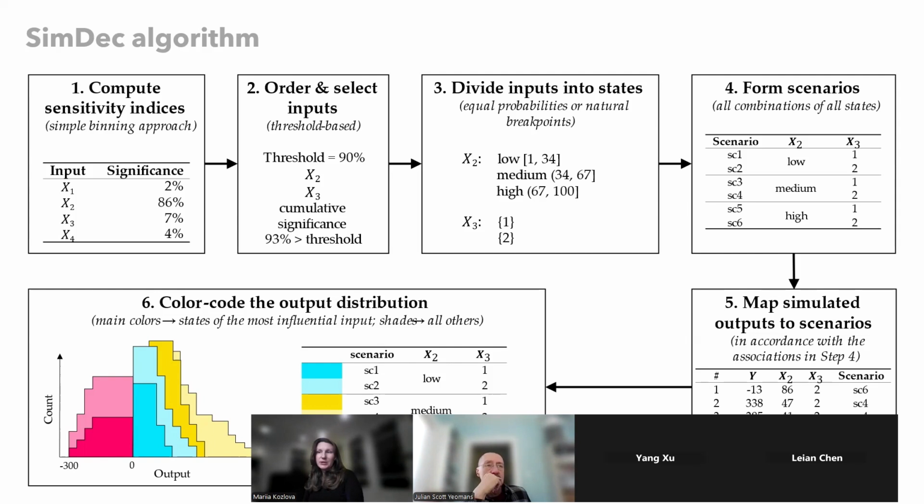Then we divide those selected inputs into states. So it's usually 2, 3 equally spaced or equally big states with the data points for continuous variables, and for categorical or binary or discrete variables, just their numbers.